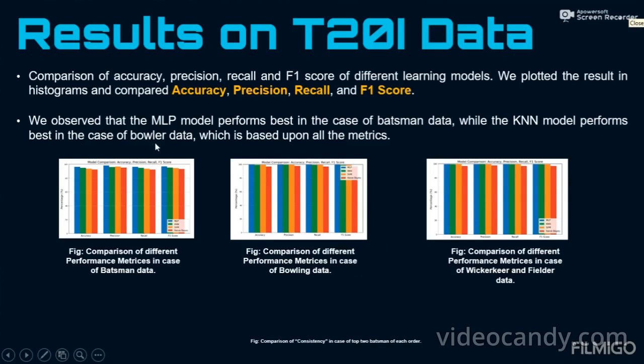We observe from our analysis that MLP performs best in the case of batsman data, while the KNN model performs best in case of bowler data, based upon all metrics. And in case of fielder or wicketkeeper data, as you can see, all the models perform well. Only the naive-Bayes model gives a slightly lower value.